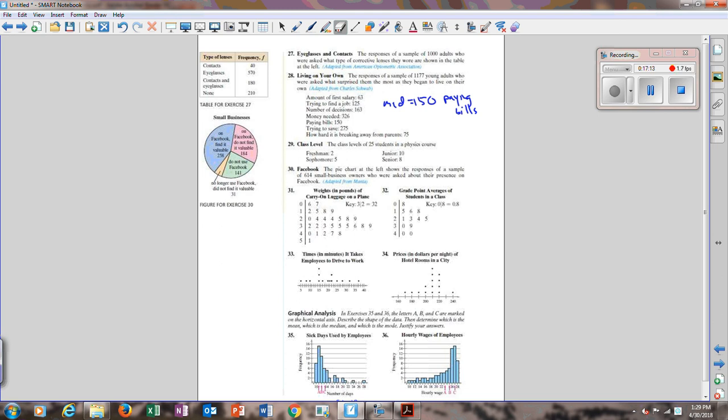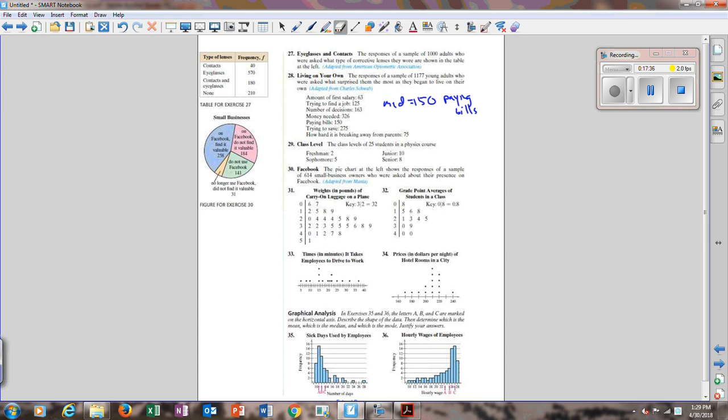But in general, the median is going to be the middle data for what people seem to find to be the biggest issue. So it doesn't make sense to find a mean or a mode here.